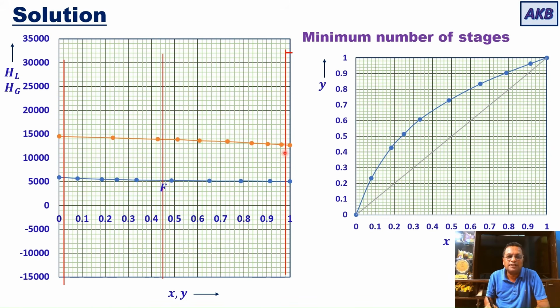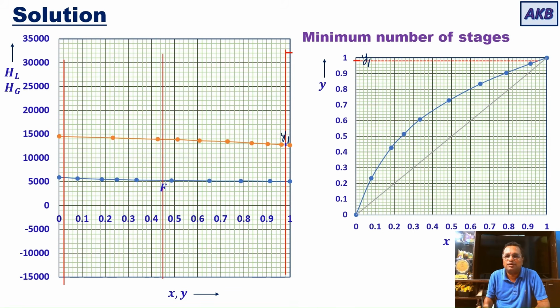So again, we will start with Y1. We are going to read that over here. I am calling it as Y1. So this is Y1. And we will come back to the distribution diagram, locate Y1 over here. Then our aim is to get X1, which is in equilibrium with Y1.